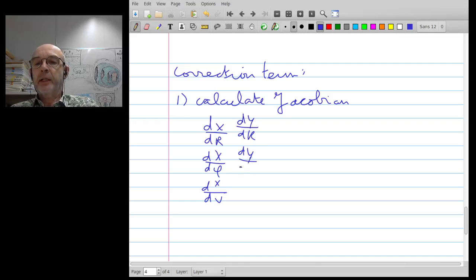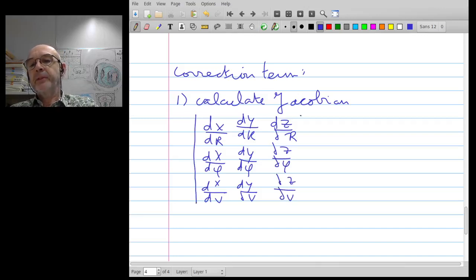Here the y variable, you take also the partial derivatives with respect to all those variables. You take the determinant of it, and that will be equal to the Jacobian.